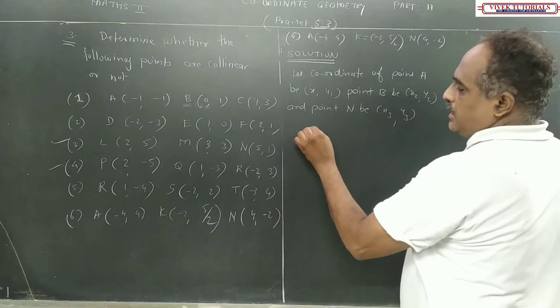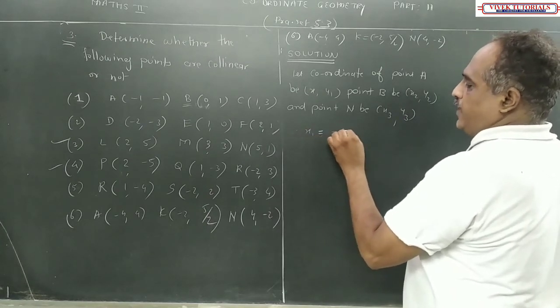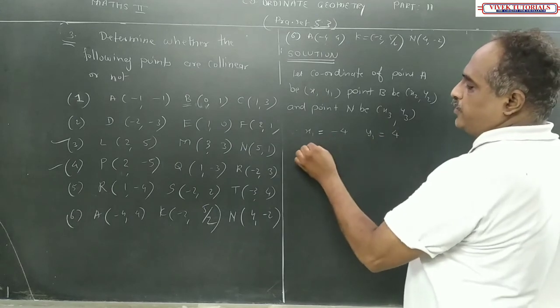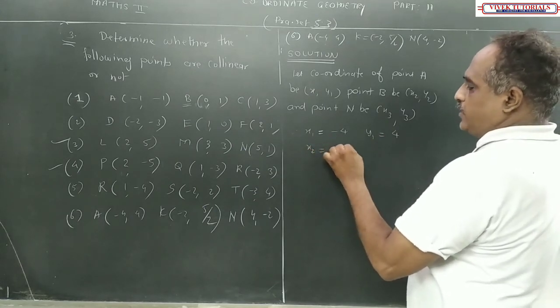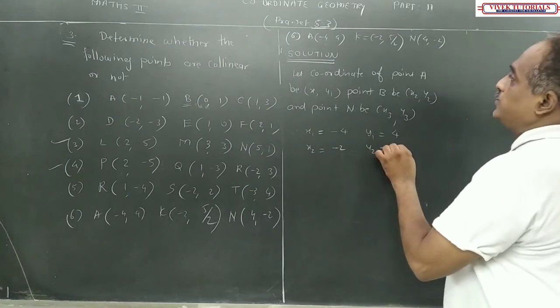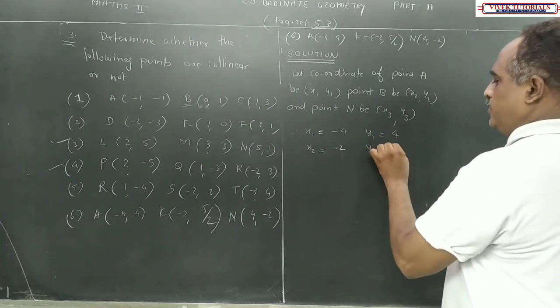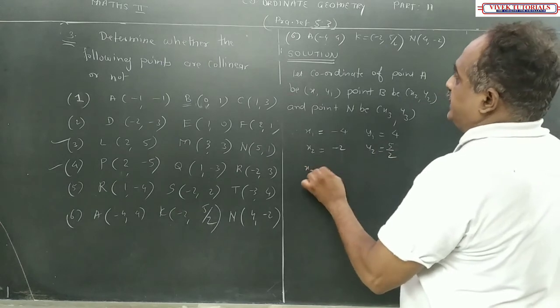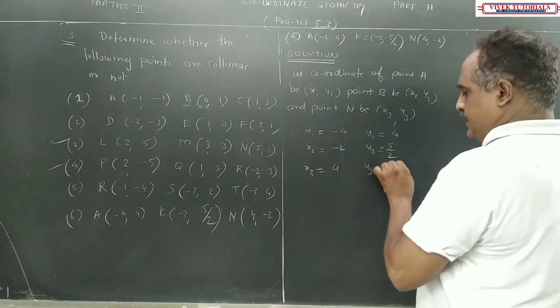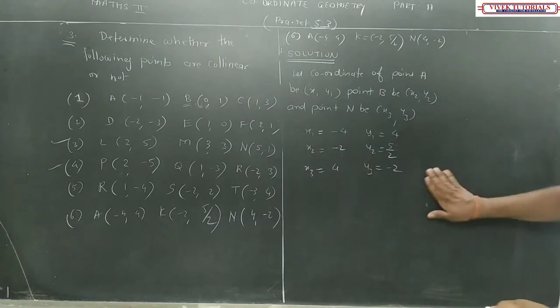Therefore, x1 is -4, y1 is 4, x2 is -2, y2 is 5/2, x3 is 4 and y3 is -2.